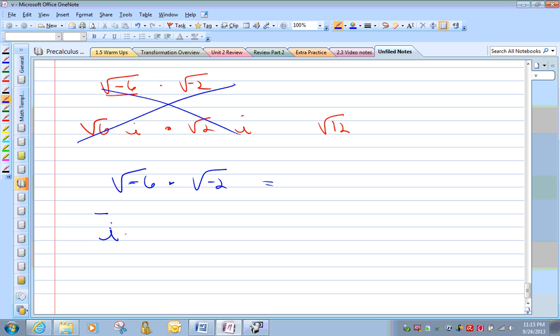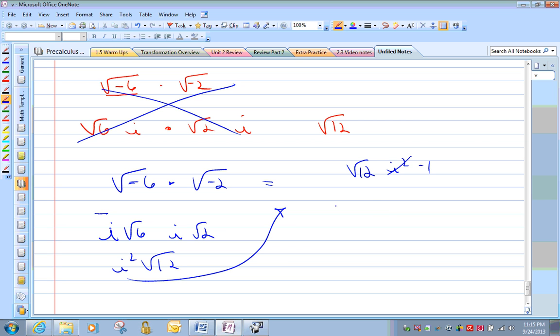So here's your i, and you have the square root of 6, and you have times i square roots of 2. All right, i times i is i squared, and that would be the square root of 12. Well, be careful, i squared, so we have the square root of 12 i squared. i squared is really negative 1.